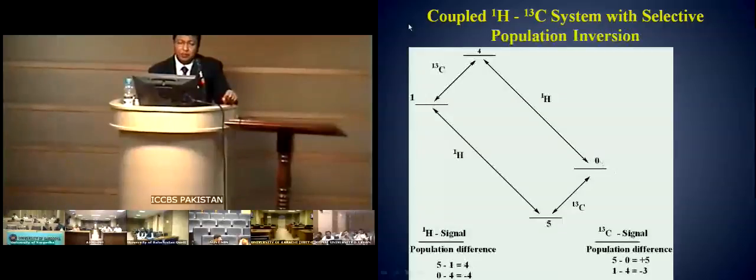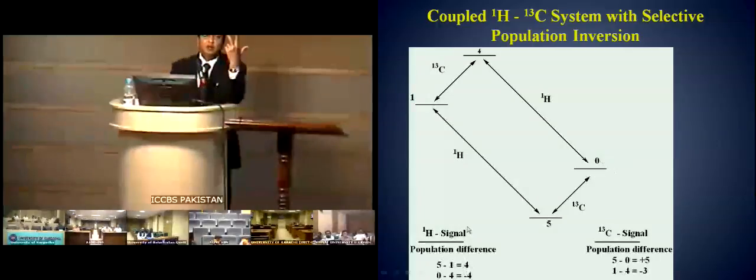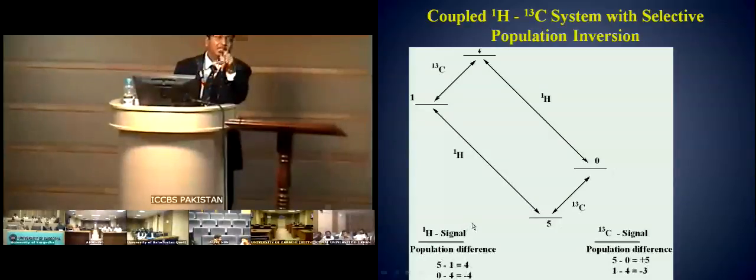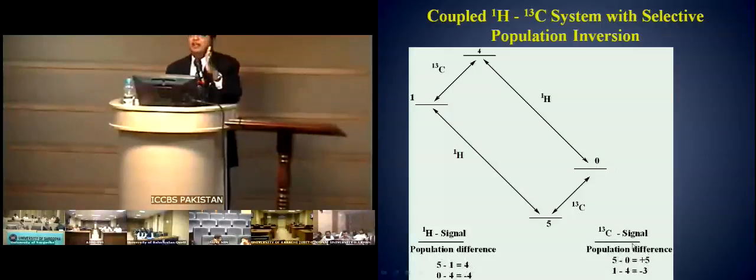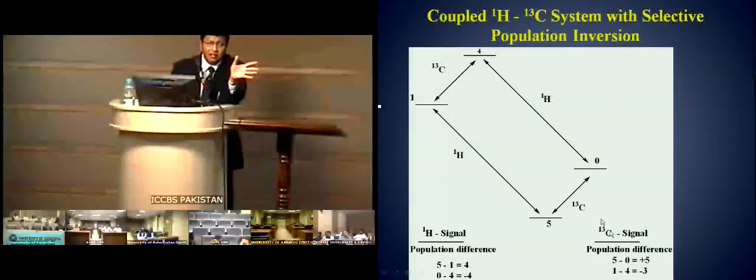Between 0 minus 4 means minus 4. Proton signal was always 4. What has actually happened is that one gone up and the other gone down, right? On the other hand, the real difference has taken place to the carbon signal, which was 1 only.